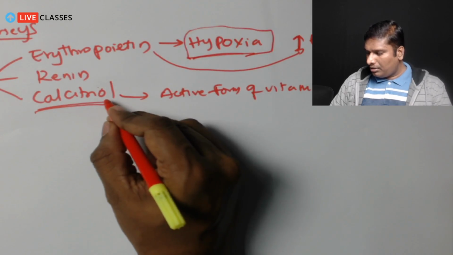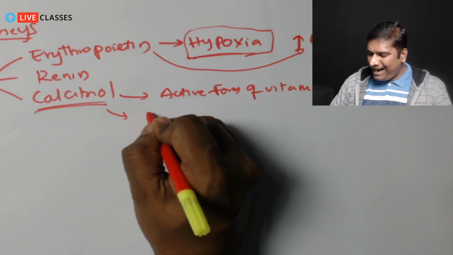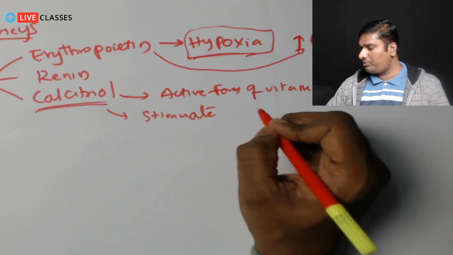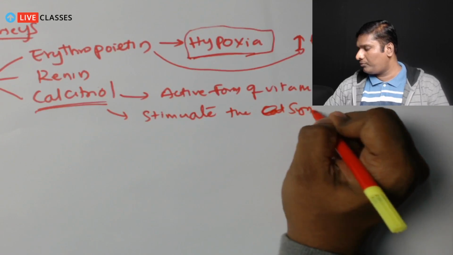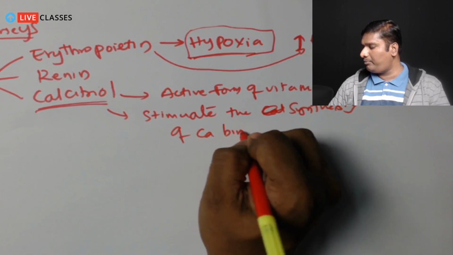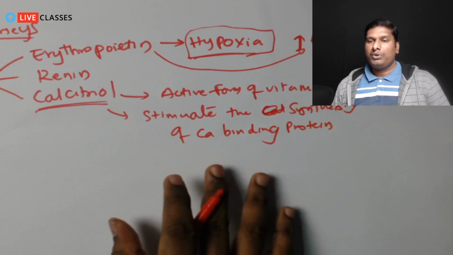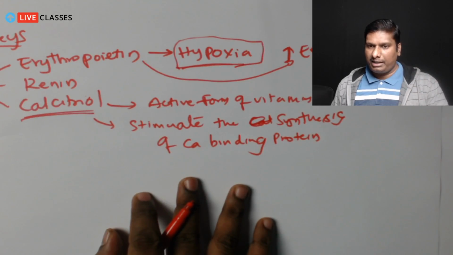Calcitriol, which is a hormone released from the kidneys, stimulates the synthesis of calcium binding protein. So basically when you eat food, the food will go through your alimentary canal.